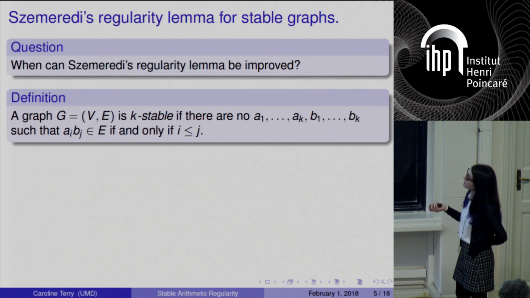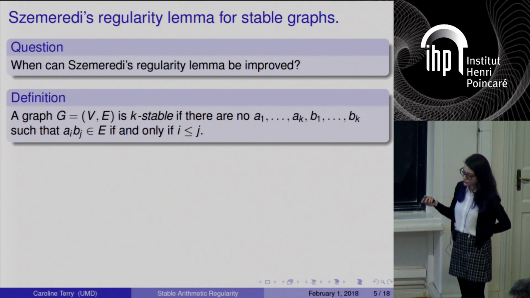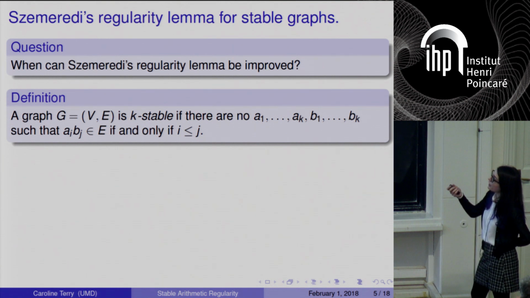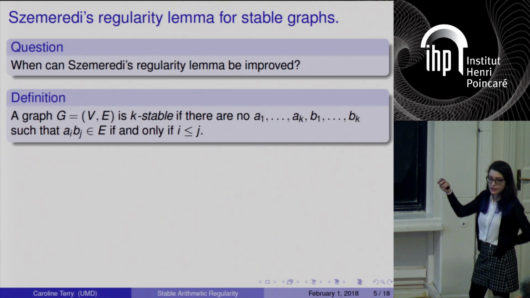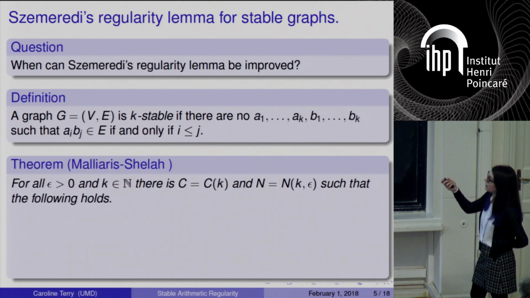First, we say a graph is k-stable if there's no a1 through ak, b1 through bk, so that (ai, bj) is an edge if and only if i is at most j. This is just saying that G is a graph where the edge relation has no order property longer than k.